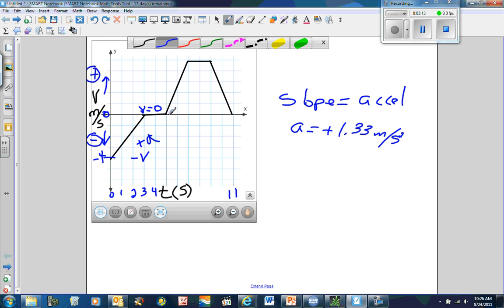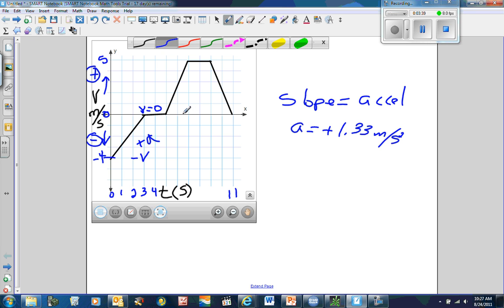Well, from 5 to 7 seconds, it has a positive slope, another positive acceleration. So if this is 1, 2, 3, 4, 5, it goes up to 5 meters per second, +5. Then I'm going to have a change in y of 5 and a change in x of 2 seconds, right?